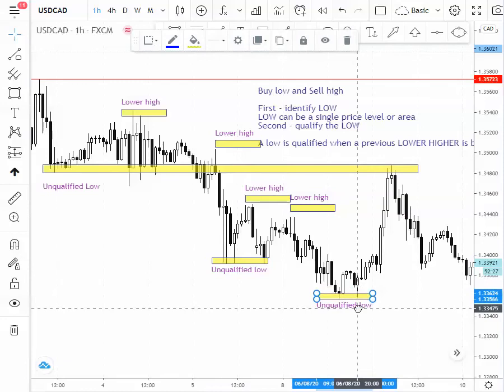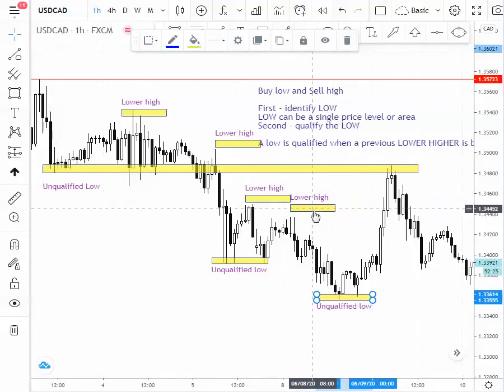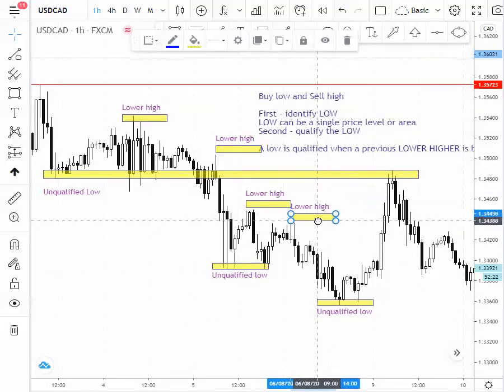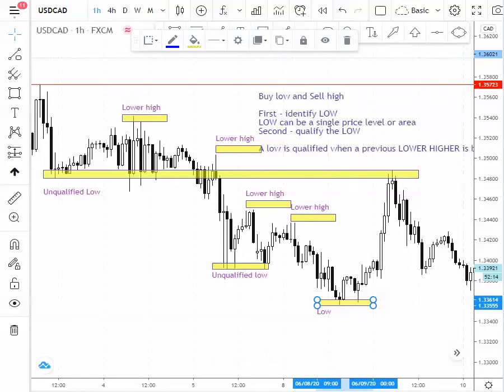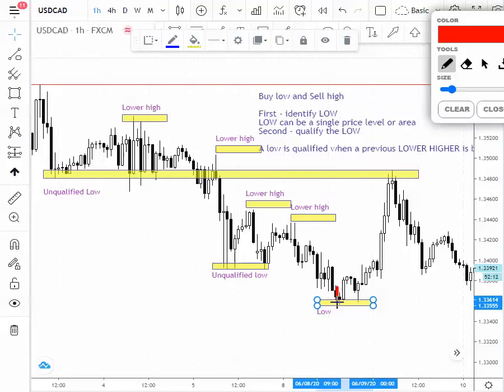another low is put in here, we've now identified this as another low, but we haven't qualified it. At the moment the price came into this area here, we can identify it, and we're waiting to qualify it.